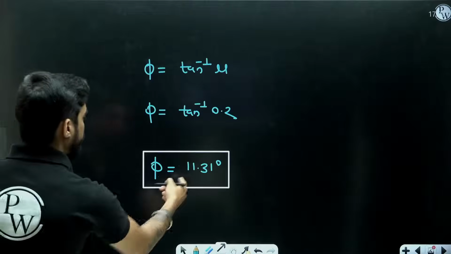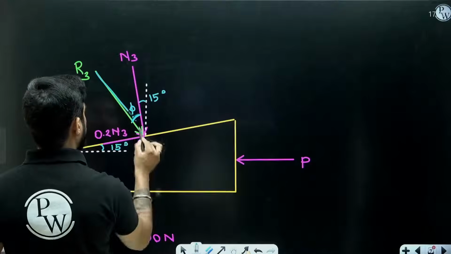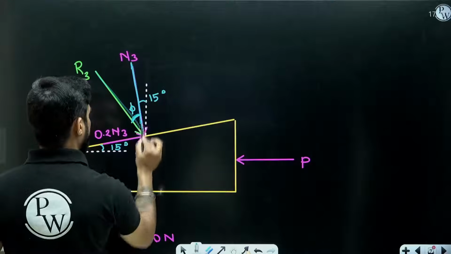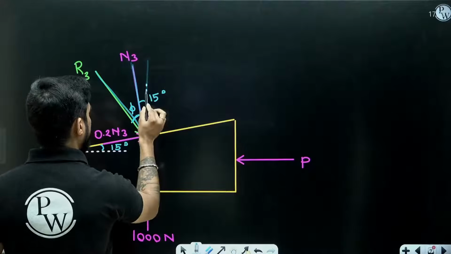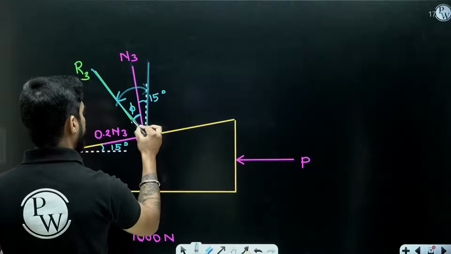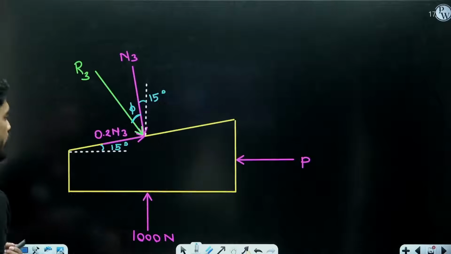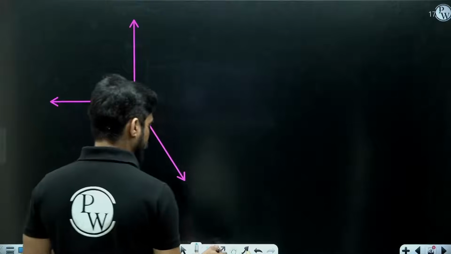Phi is 11.31. So this is the angle between R3 and N3, and the angle between N3 and vertical is 15 degree. So this total angle between R3 and vertical will be phi plus 15. Yani ki means 11.31 plus 15, 26.31.